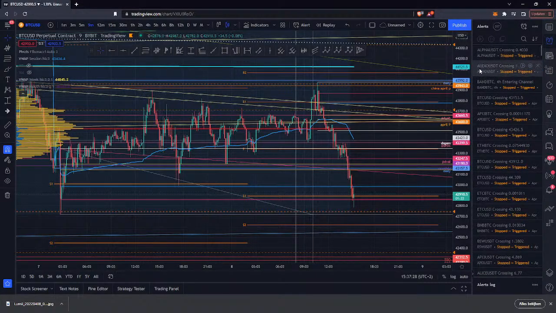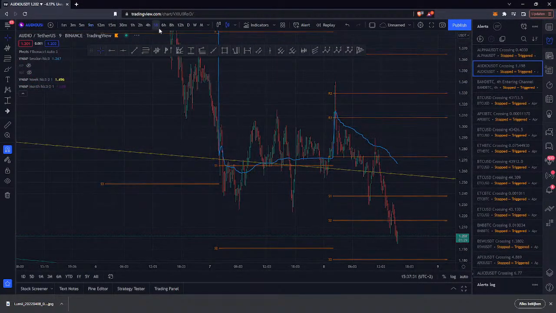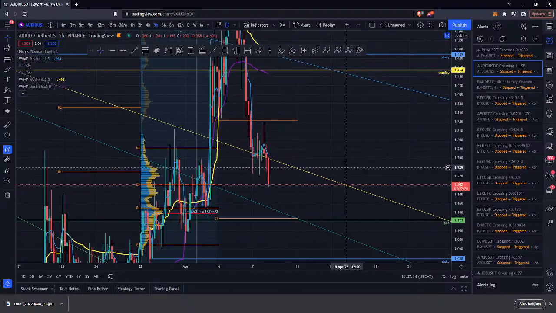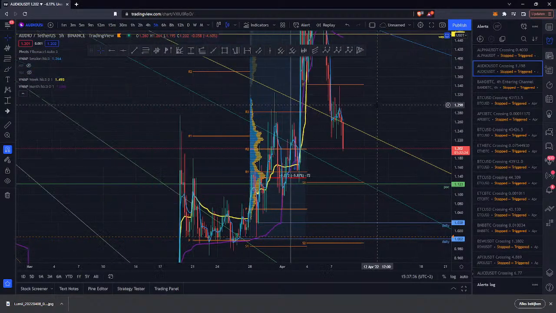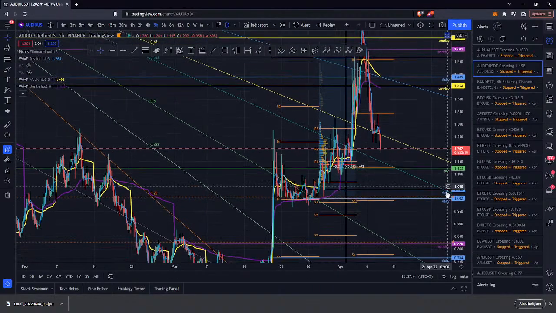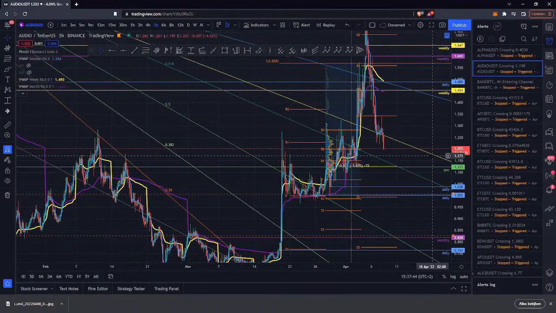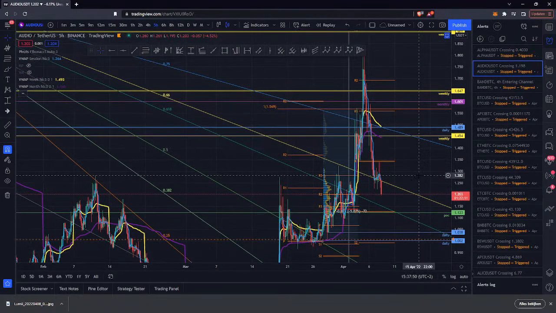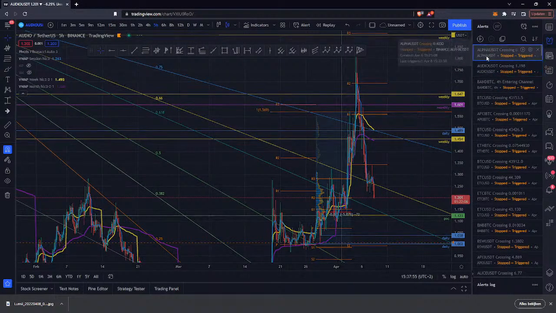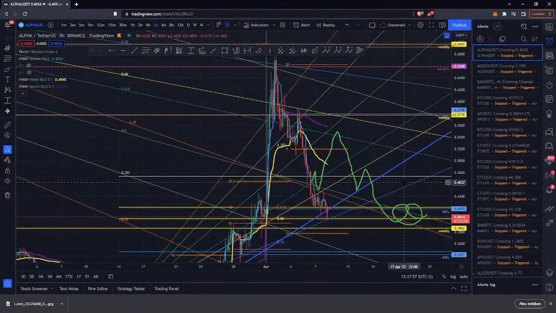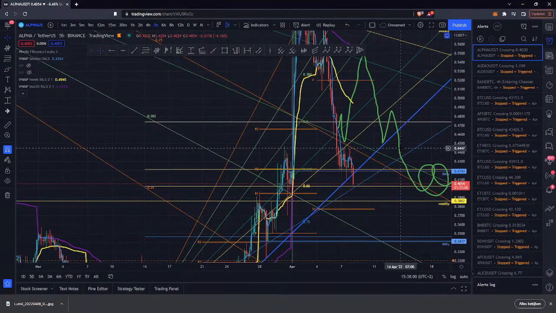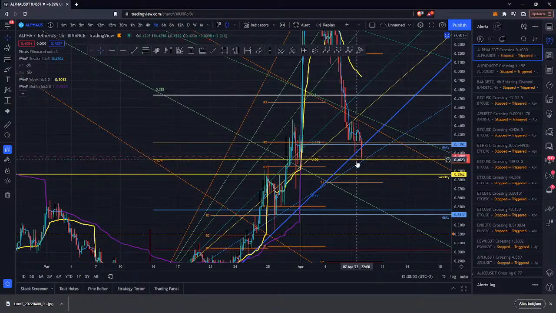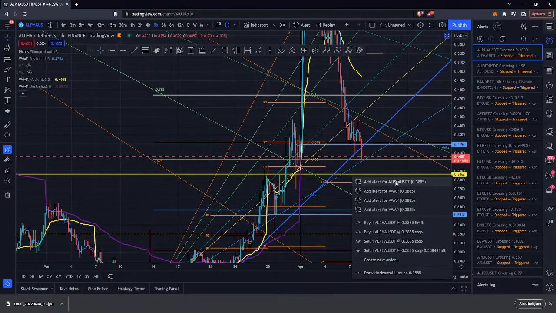Let's see, we got 2 alerts. Audio. Not sure why I got the alert over there. Might have been for the point of control, but we're definitely not there yet. And I'm willing to wait lower. Alpha, we got the alert because we retested the CC, and got that weekly just below us.